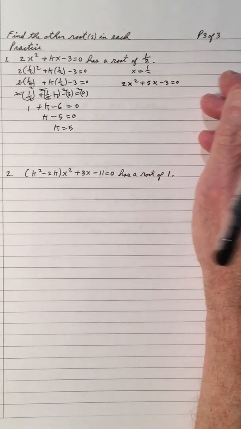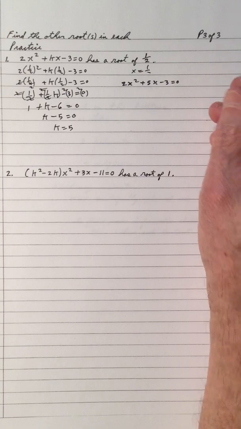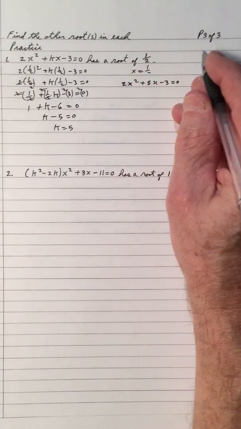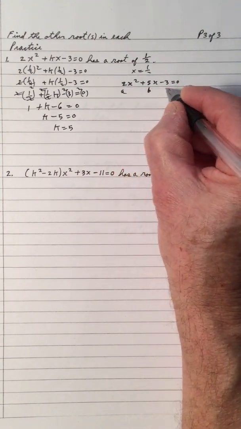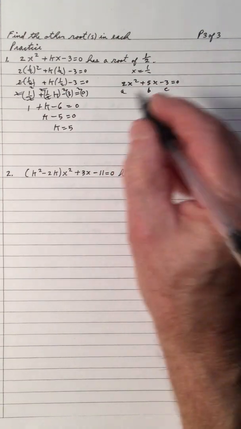Let's see what the other root is. Let's use the quadratic formula on this. I could do it by factoring also.